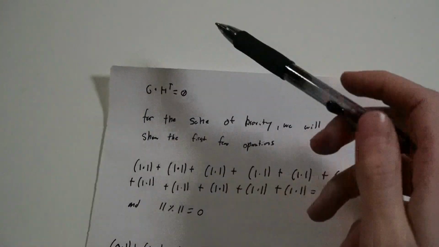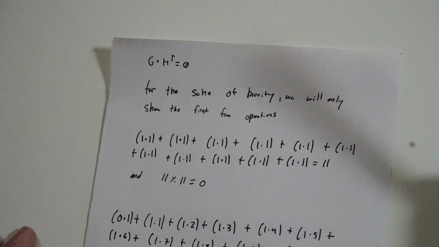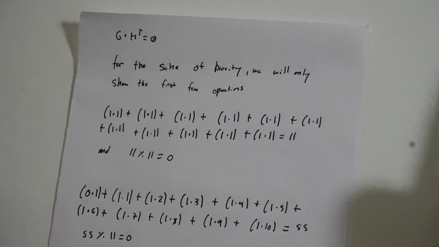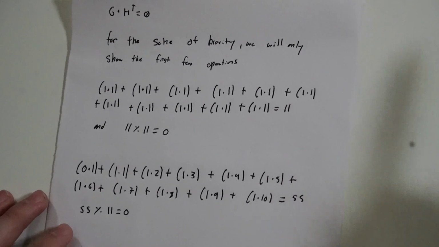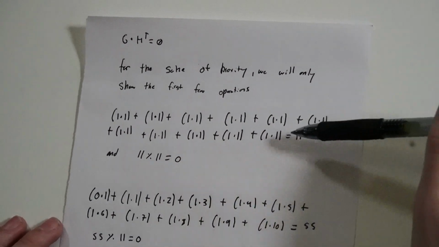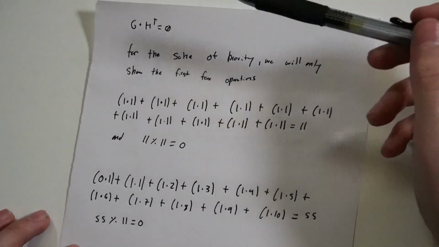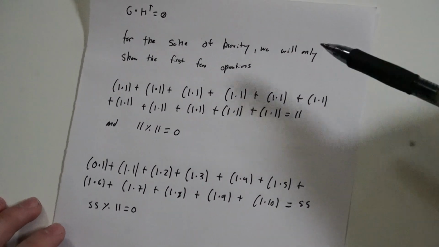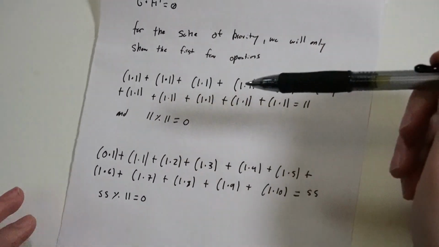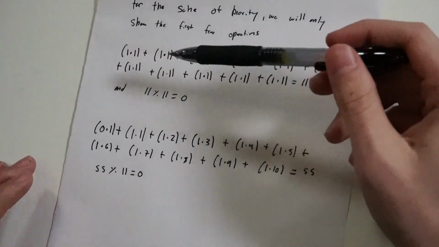This is just taking G times H transpose, and for the sake of brevity, this would just be lines of operations otherwise. We only showed the first few. You can go ahead and verify the rest yourself if you like, but it will hold. So these are the results of multiplying the first column in H transpose times the first row in G. So we take that sum, or the inner product, and all operations are done mod 11, since we have to ensure that the symbols produced are no more than the symbols in the alphabet.